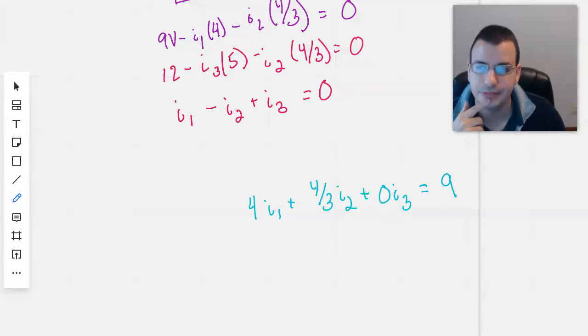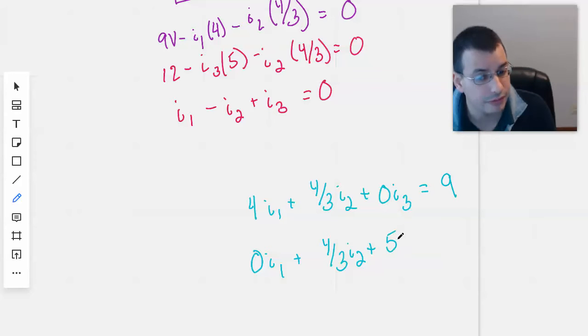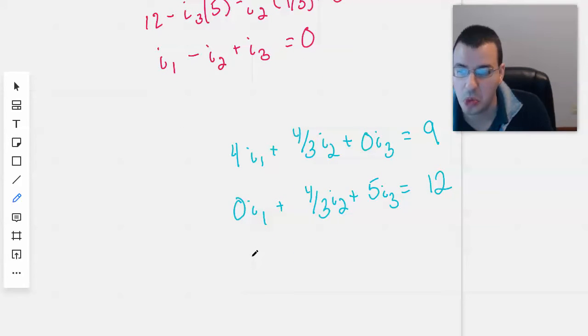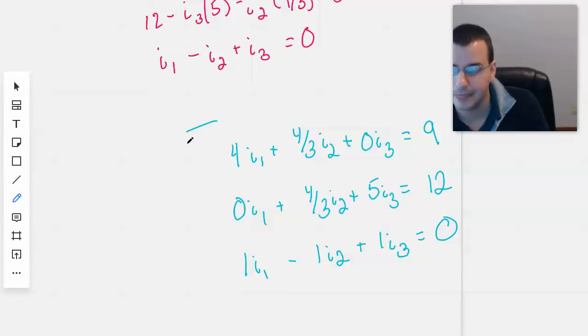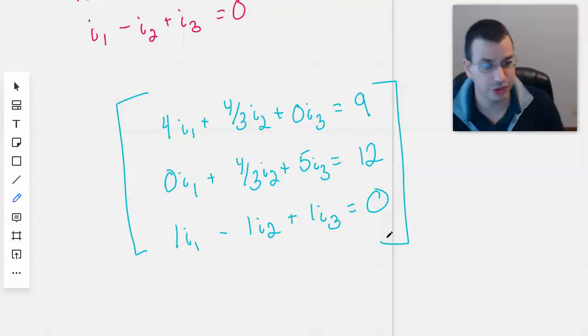Then I'll do the same for the second equation: 0 I1 plus 4/3 I2 plus 5 I3 equals 12. And then we have 1 I1 minus 1 I2 plus 1 I3 equals 0. These are going to be our equations that we solve.